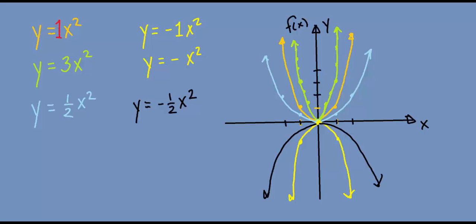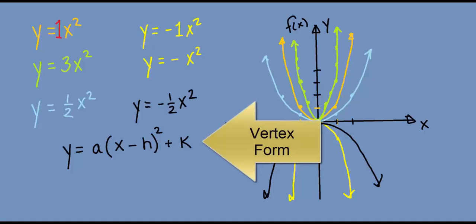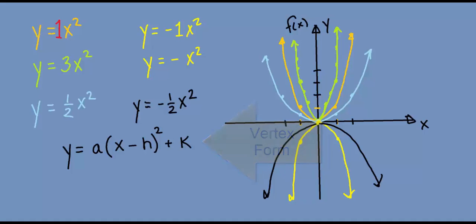And I say that because the final vertex form is going to look like this. It's going to be some number, usually called a, outside the parentheses of x minus h all squared. So the a is not being squared inside there, plus k. That's called the vertex form of a parabola, and you'll see that it combines all 3 of the tweaks that we talked about: the k, the h, and the a. And let me write an example underneath that.